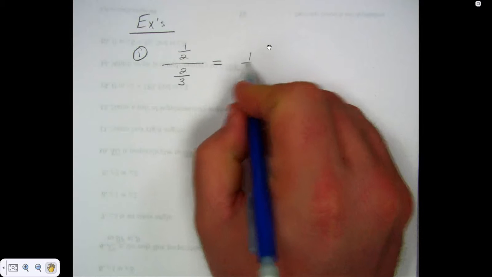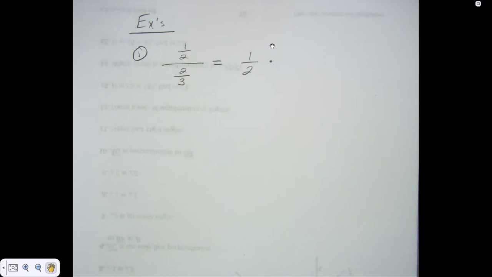Okay, first example. Let's do this one. 1/2 divided by 2 over 3. Okay, what are we going to do here? 1/2 on top, to divide by something is the same thing as to multiply by its reciprocal.